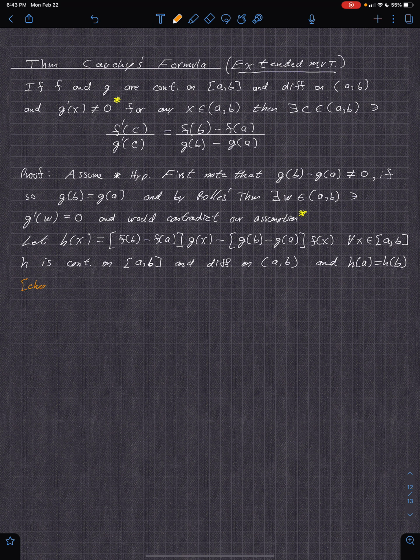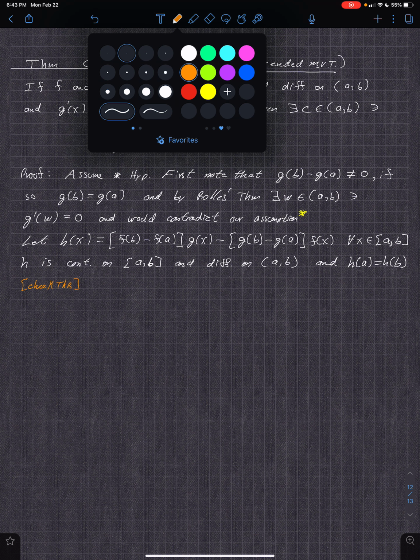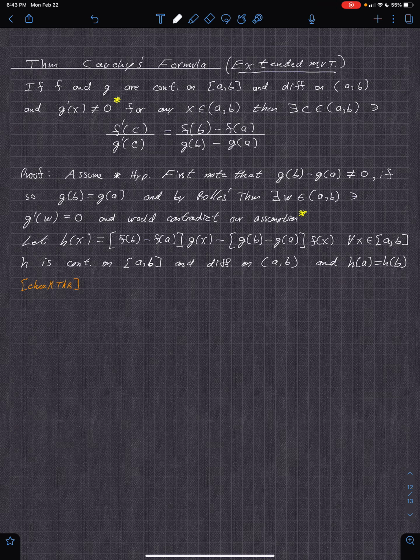I'm not going to do that here, it's just some algebra. And so if you have the endpoints equal and the hypothesis satisfied, you can say by Rolle's theorem, there exists a c in the open interval from a to b such that h prime of c is equal to 0.